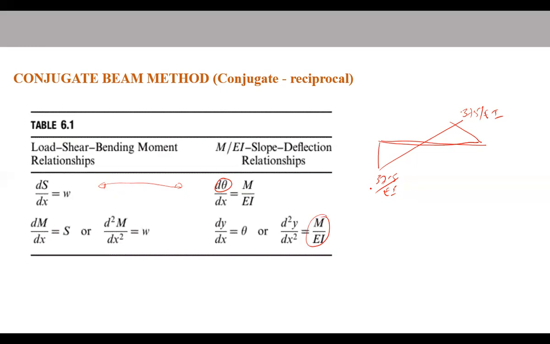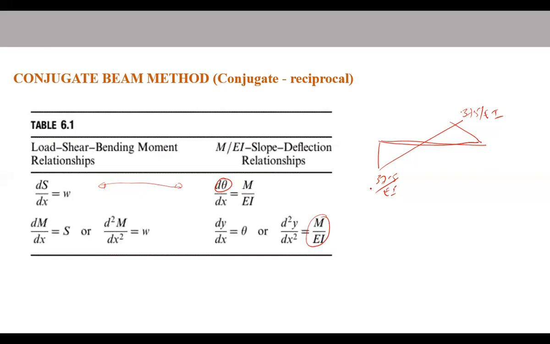So there is a reciprocal: you apply a load, and due to the load you get a bending moment diagram, then you convert that into an M over EI diagram and apply that as a load on a reciprocal beam. In that reciprocal beam, the shear force and bending moment you derive is equal to the slope and deflection of the real beam.